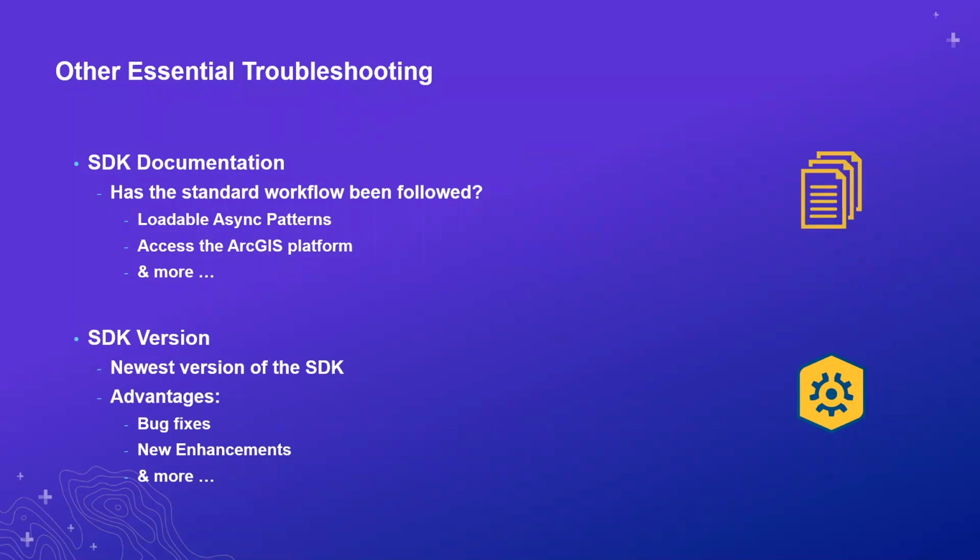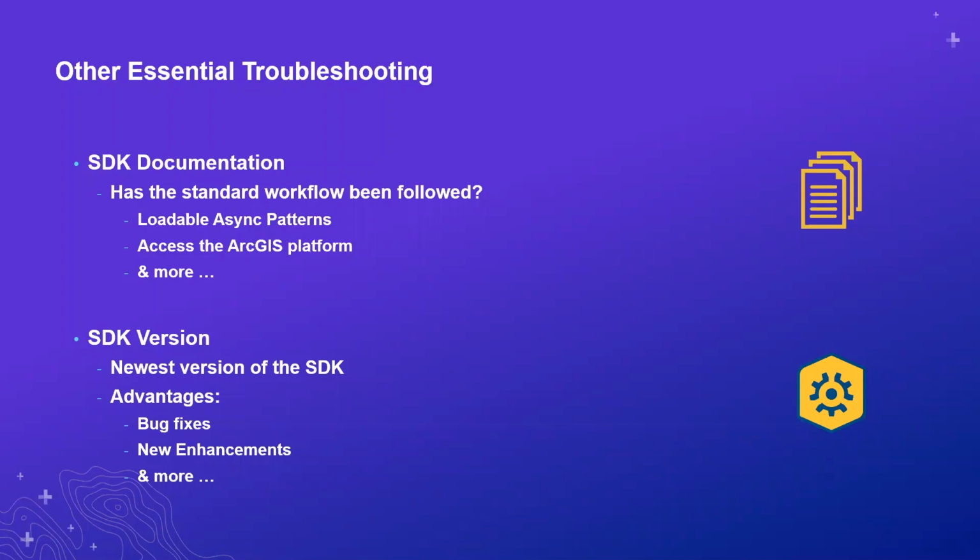With the SDK version, you can check what new version of the SDK is there and what new functionality has been added. Sometimes an issue occurring in older versions of the SDK can be quickly resolved if it has been addressed in the newer version of the SDK.